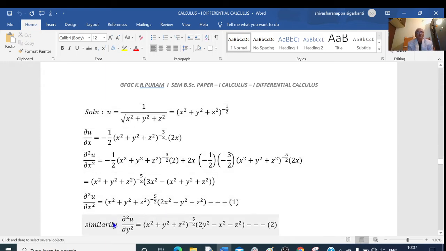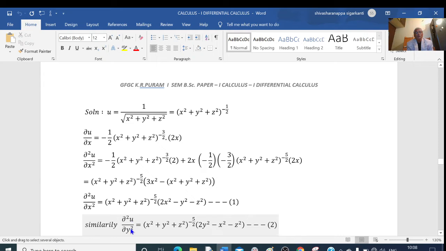Similarly, we can write ∂²u/∂y² is equal to, I am getting this term same here, (x² + y² + z²)^(-5/2). Here, in ∂²u/∂x², I am getting 2x² minus the squares of the other two. So, in ∂²u/∂y², I will get 2y² - x² - z².